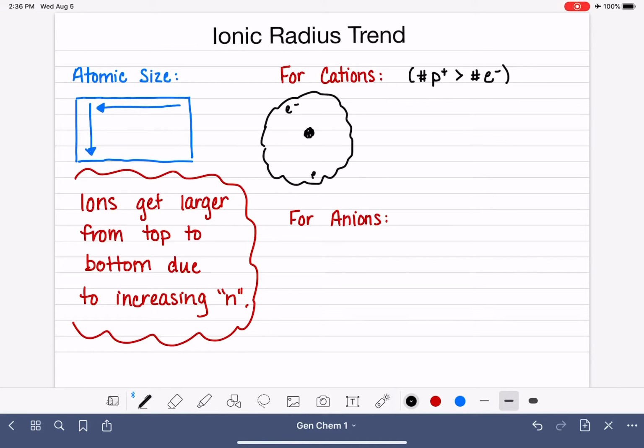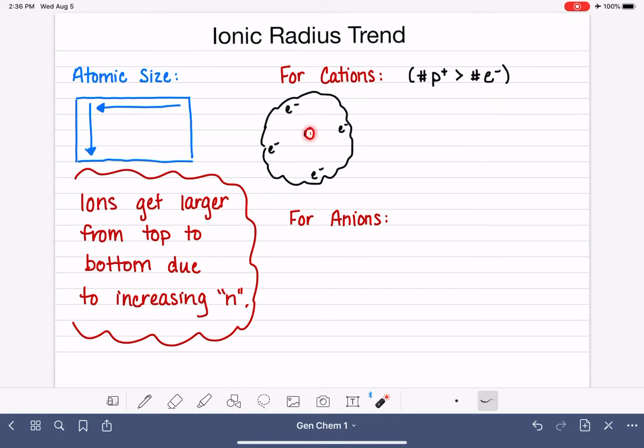And remember, these electrons are feeling the effective nuclear charge of this nucleus. The magnitude of the nucleus's positive charge is greater than the magnitude of the negative charge from all of those electrons, because the protons are outnumbering the electrons.